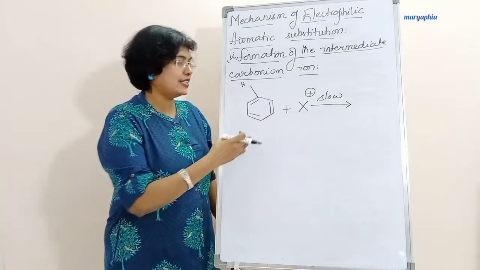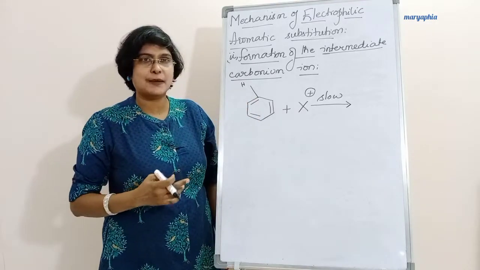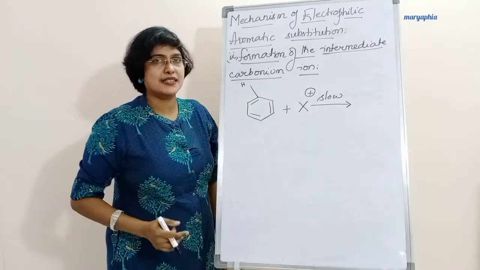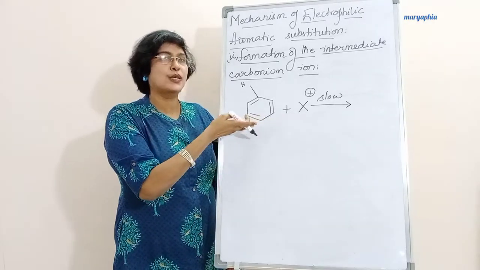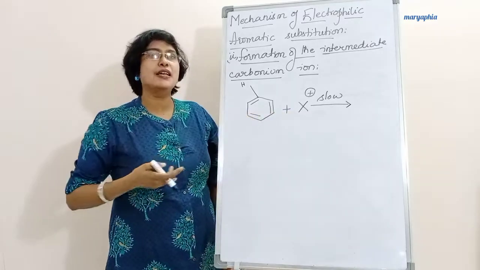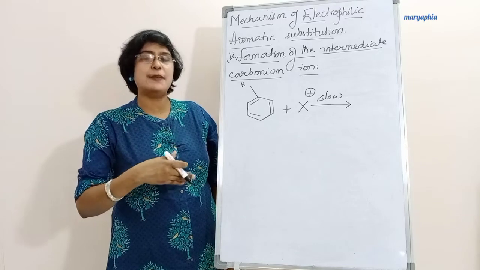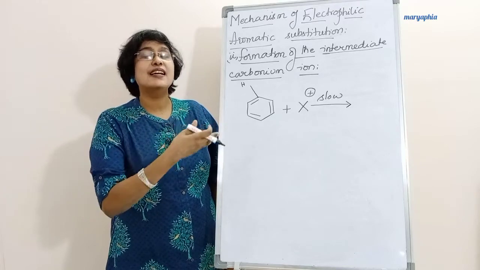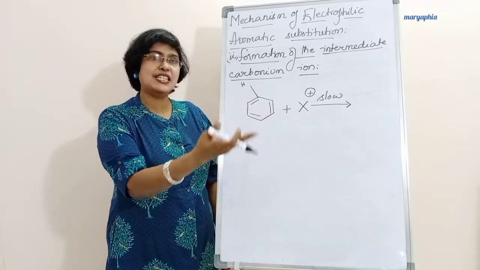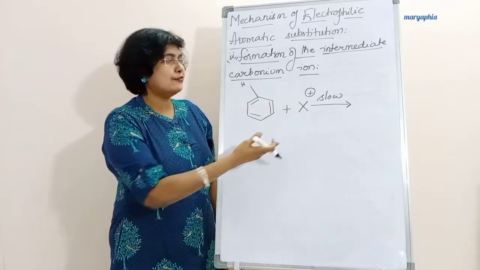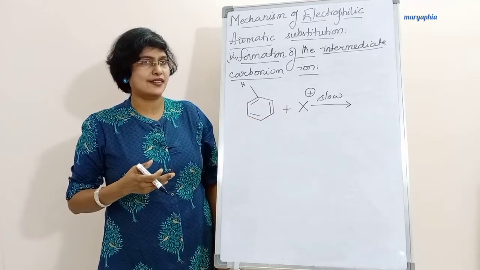Look here, I have written the benzene structure and written one of the hydrogens separately, plus X plus. X plus is the electrophile, coming towards the benzene nucleus. I told you why: the benzene ring is rich in electrons while the electrophile is deficient in electrons, so these compounds easily attract electrophiles, right students?